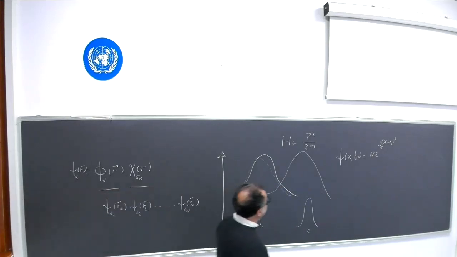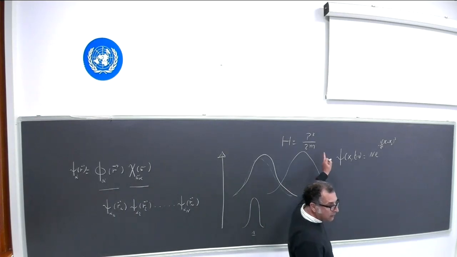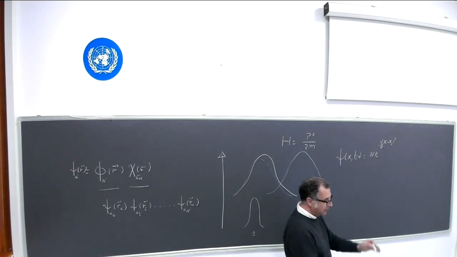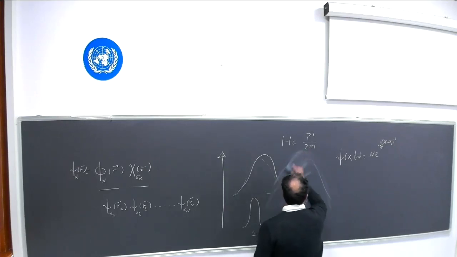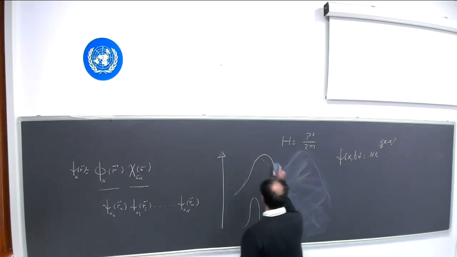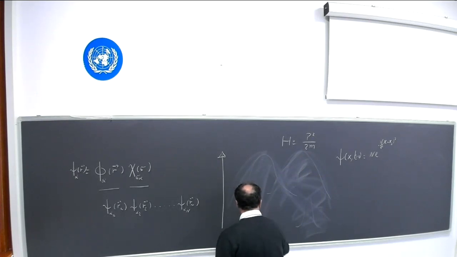So let's try. By the way, did you ever solve this problem of the wave packet spreading? Not sure. No. Okay. So do the following exercise. This is a nice exercise that you can do yourself.